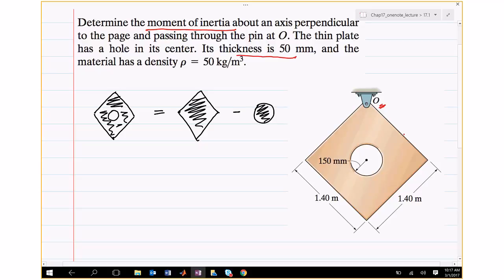So if you take the inertia of the plate without the hole and subtract from it the inertia of the hole as a solid rigid body, then you would in effect have the inertia of the square plate with the hole. Does that make intuitive sense to you?